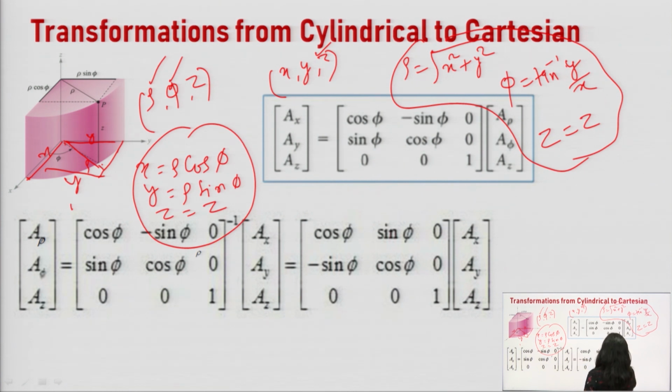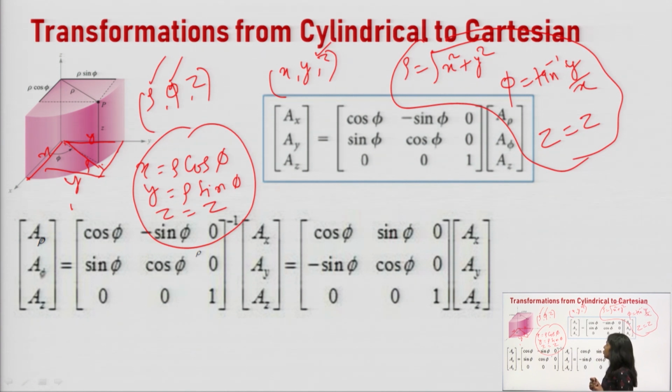From this formula, we can convert a point given in Cartesian coordinates into a point represented in cylindrical coordinates using this formula.